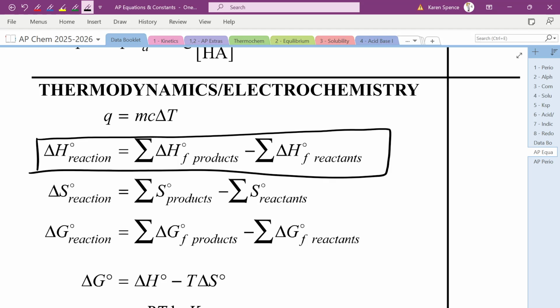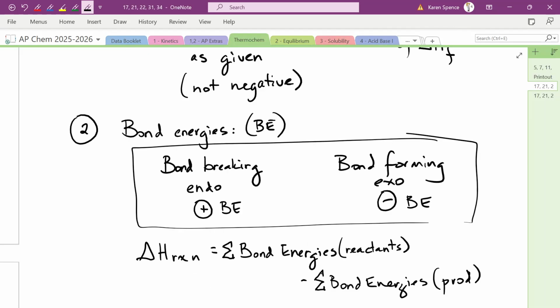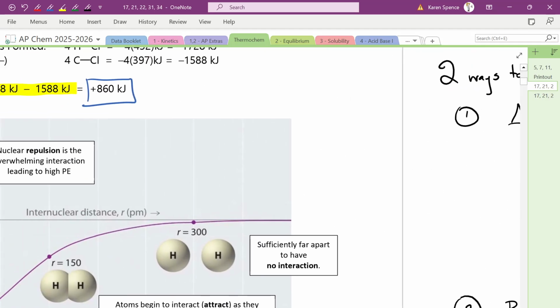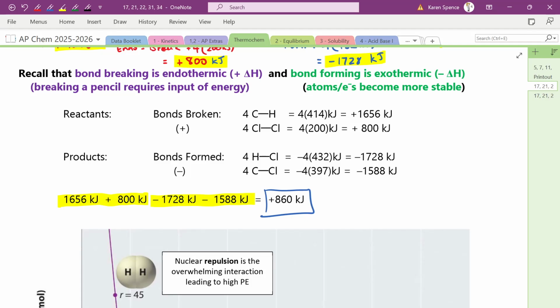Brian, you had your hand up at some point. Sorry? Uh-oh. I probably did it wrong. Where did it go? 1656 plus 800 minus 1728 minus 1588 equals, whoa, that was not the value I should have gotten.